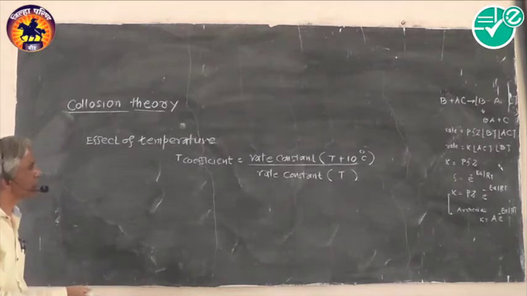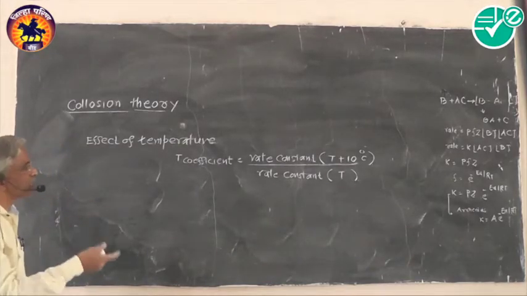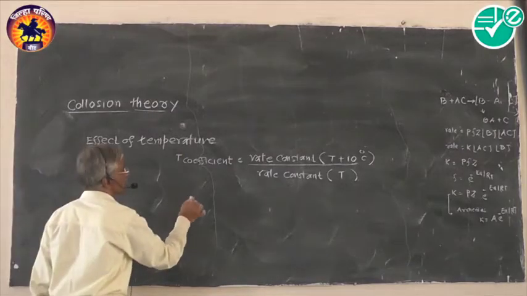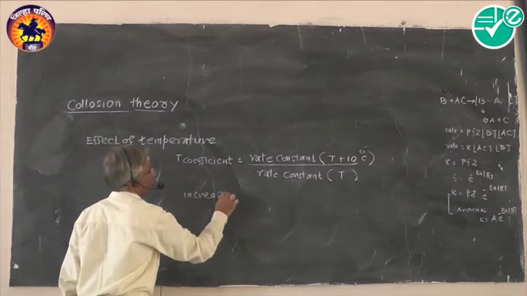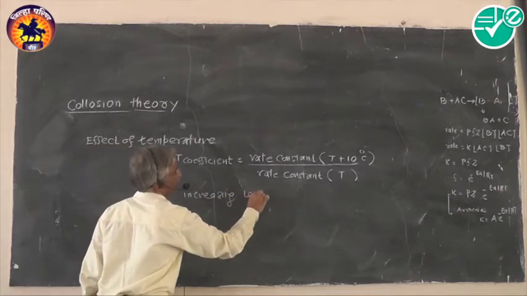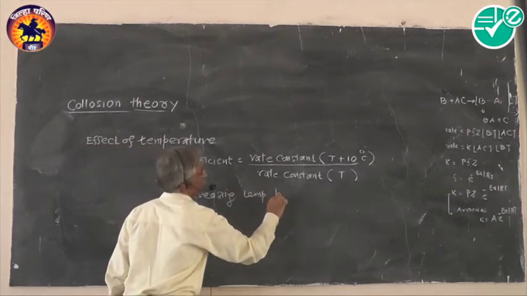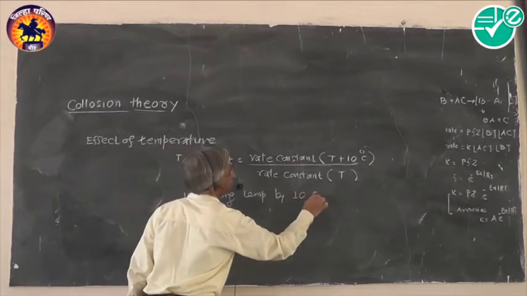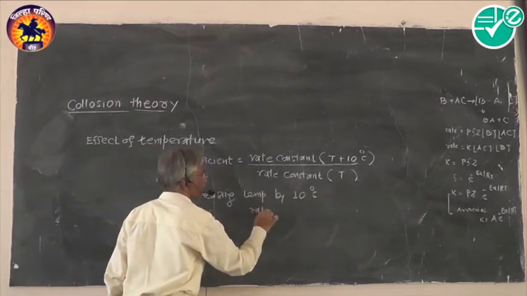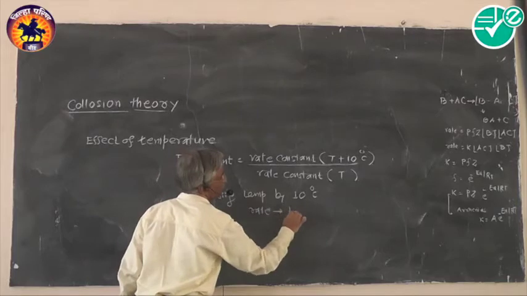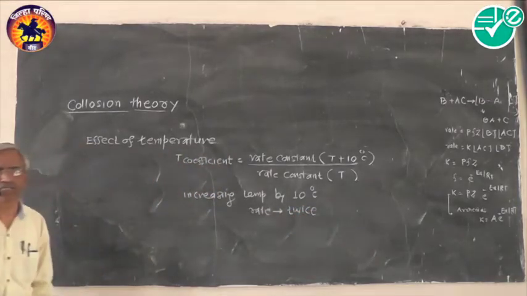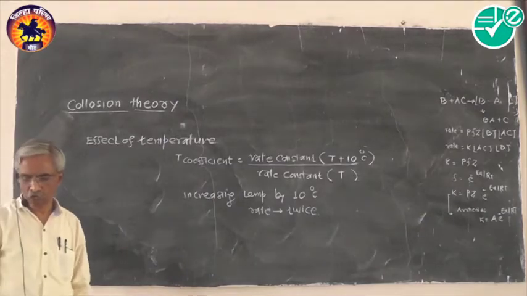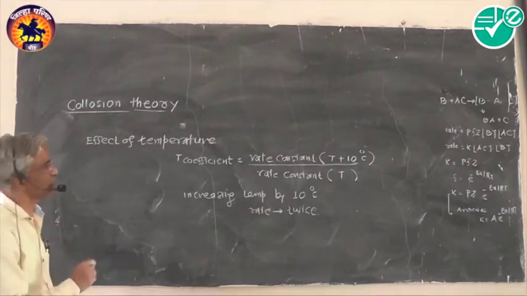This ratio is called the temperature coefficient, and it has been found that by increasing the temperature by 10 degrees centigrade, the rate of the reaction becomes twice, irrespective of whether it is an exothermic or endothermic reaction.